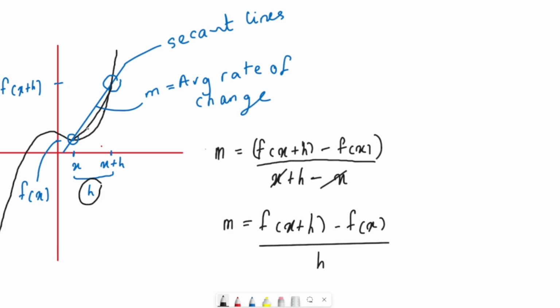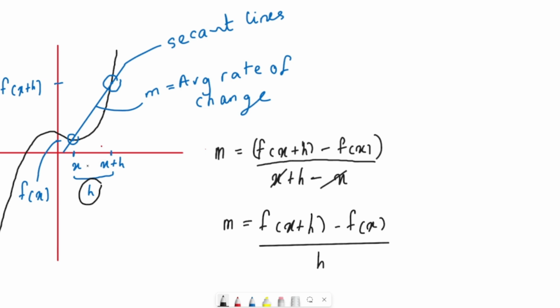And eventually, when it becomes so close to this point, I can get the gradient at a single point. Because if h reduces and the points get closer and closer, if this approaches this and gets extremely close, like not actually on there, but so close, then it effectively gives me the gradient of that point.